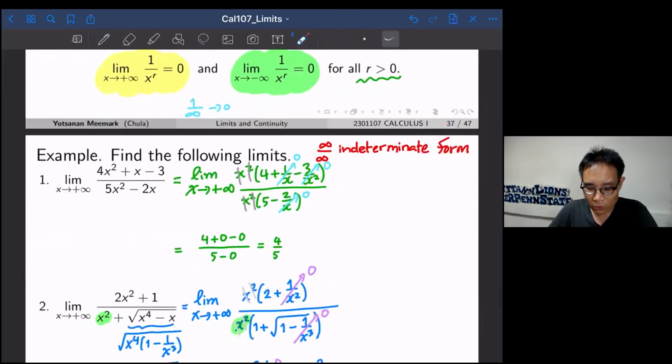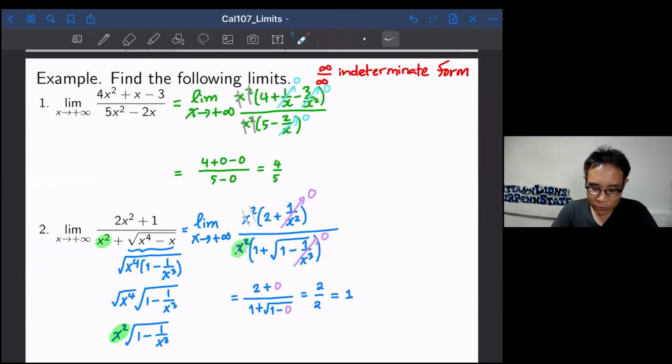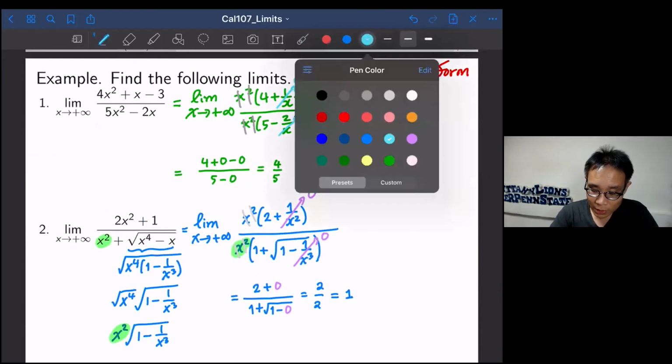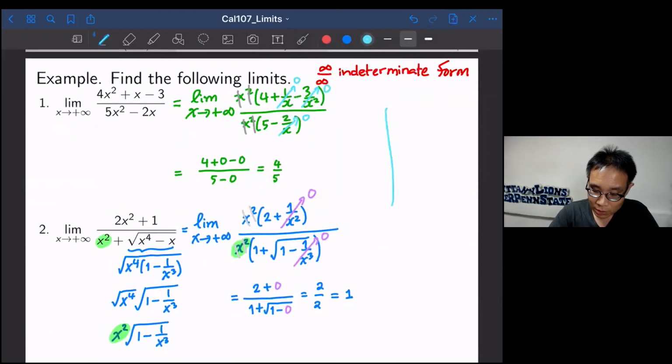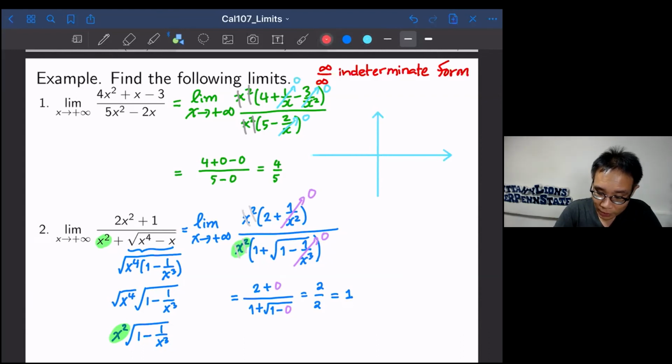Okay, so for example, if you see that the limit as x goes to positive infinity is equal to 4/5, what does it mean? It means that if you graph this one like this, xy, when x goes to positive infinity, the graph of the function turns out to be going to 4/5.